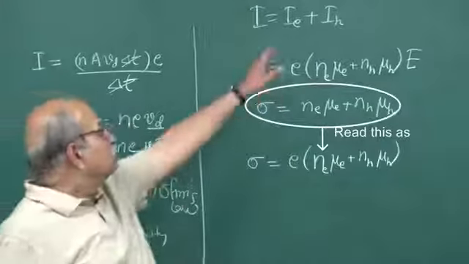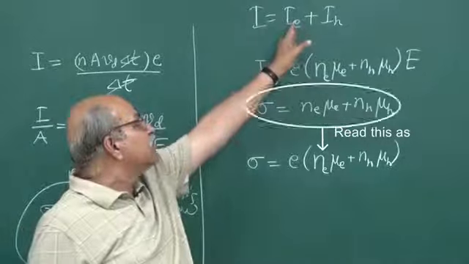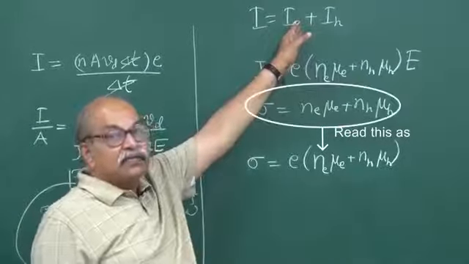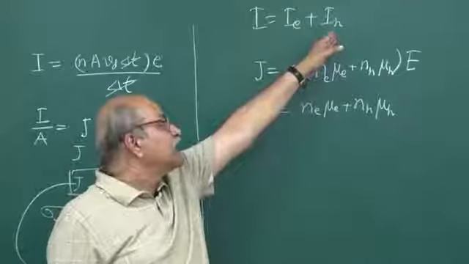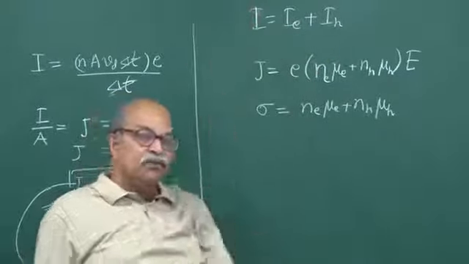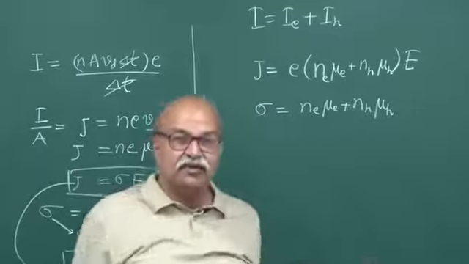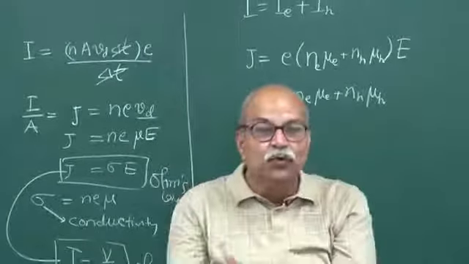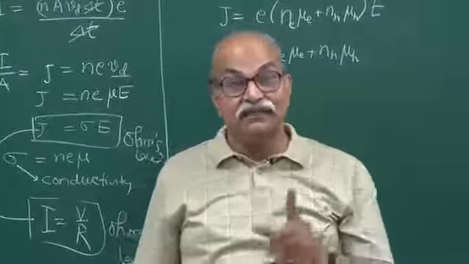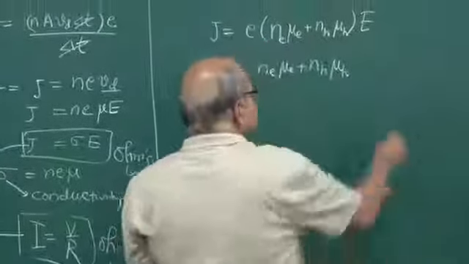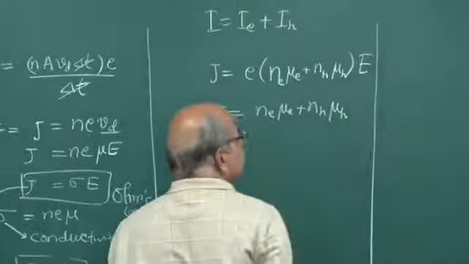So although the current is because of electrons, those conduction electrons and the holes in the valence band, in any doped semiconductor of practical importance, one of the two will be very large as compared to the other. We had done this numerical exercise in the previous lecture.